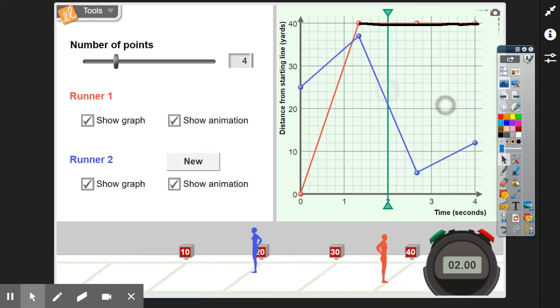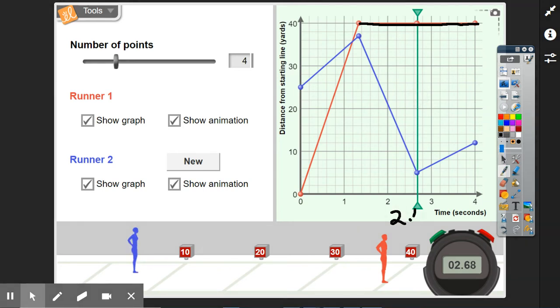So we can see with this blue line, she turned around, and right when I hit 2.68 seconds, she turns back around and starts going the other direction.